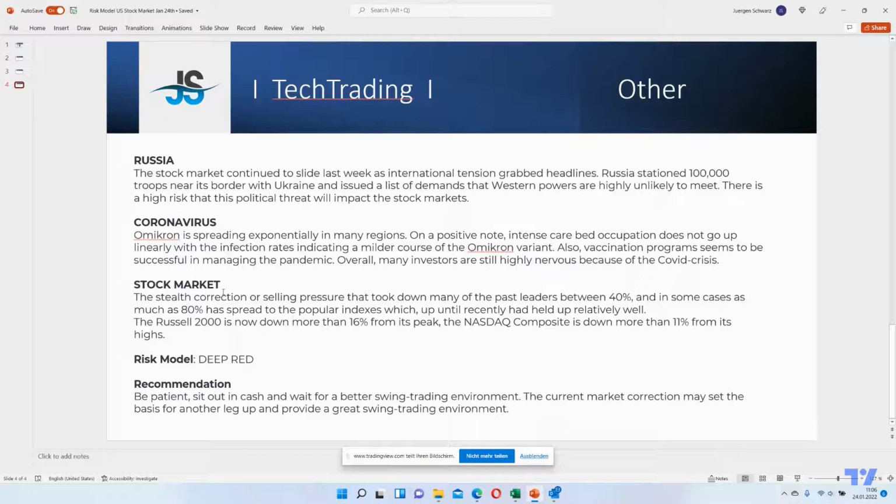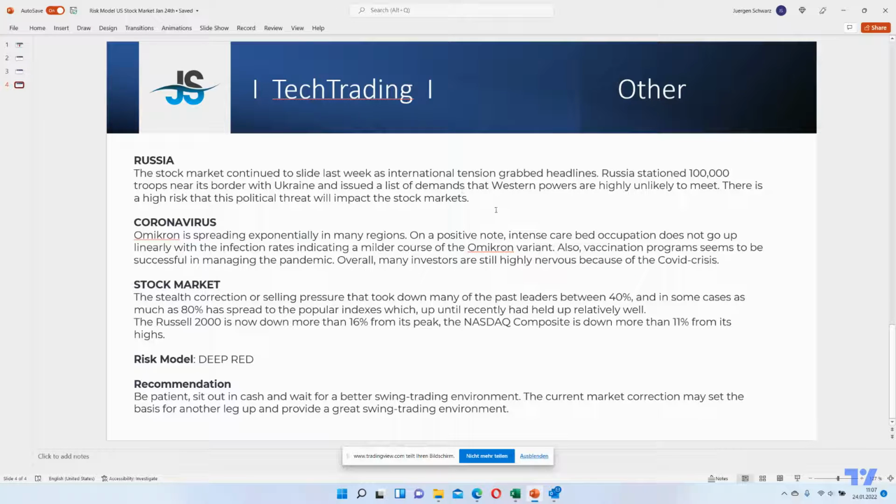So I have mentioned that before: just be patient, sit out in cash and wait for the opportunity, which for sure will come again. And we do have some initial signals, when we look at the contrarian market indicators, that the market may set up for another leg up and hopefully provide us with a great swing trading environment very soon.